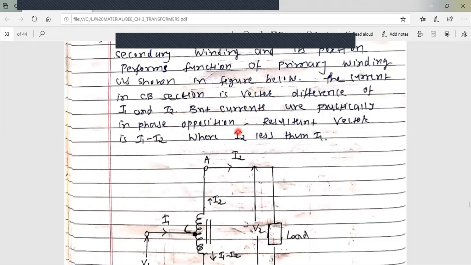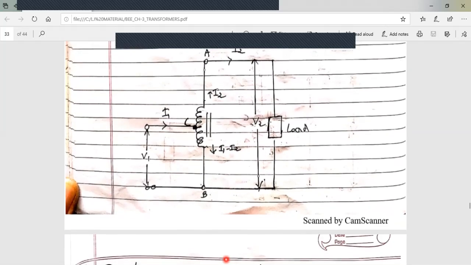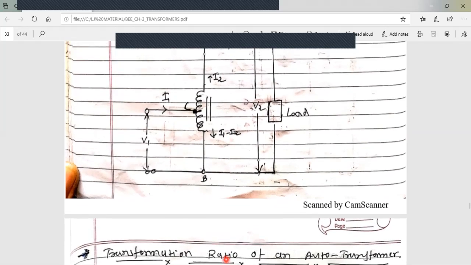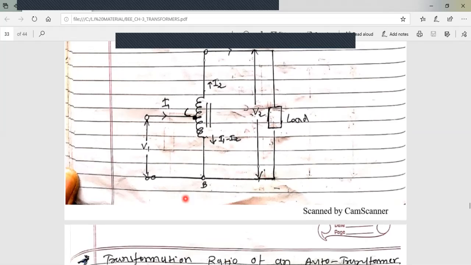But the currents are practically in phase opposition, so the resultant current is I1 minus I2. So an autotransformer has only one winding. Part of this winding acts as primary or secondary, depending on whether it is a step up autotransformer or a step down autotransformer.